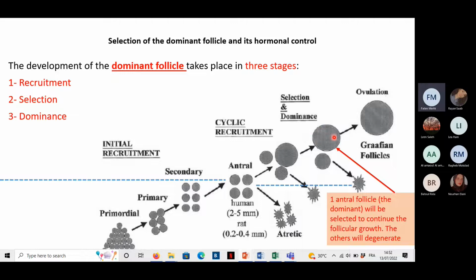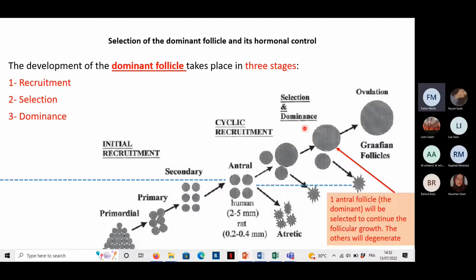Okay, and only this dominant follicle can keep on increasing in size and developing to give the pre-ovulatory follicle, and the others will die. Okay, so only one antral follicle, the dominant one, will be selected to continue the follicular growth. The others will degenerate or will die by atresia.